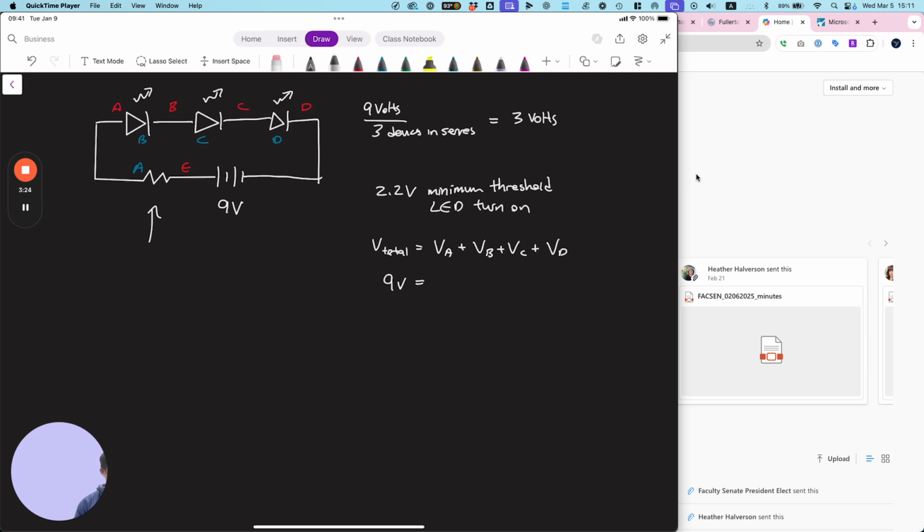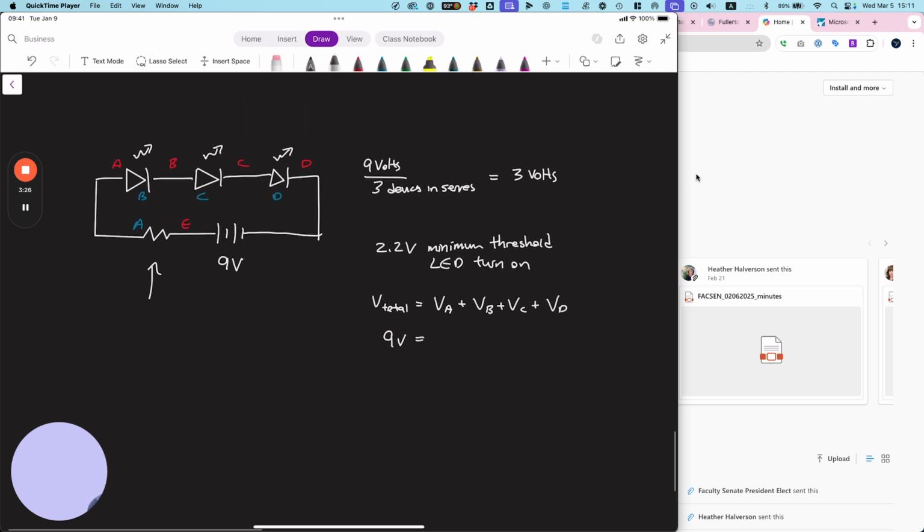Voltage of A, I don't know, because that's going to depend on the resistor. So I'm just going to leave that a variable VA. VB, C, and D are all going to be the same because they're all the same LEDs. Does that make sense? We're looking at the blue A, B, C, and D, not the red.